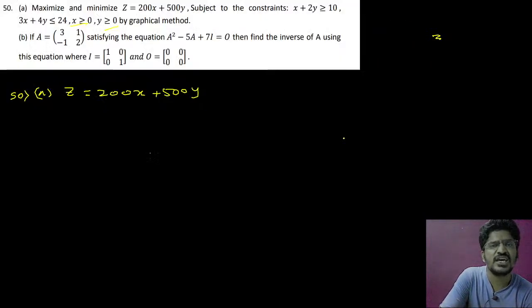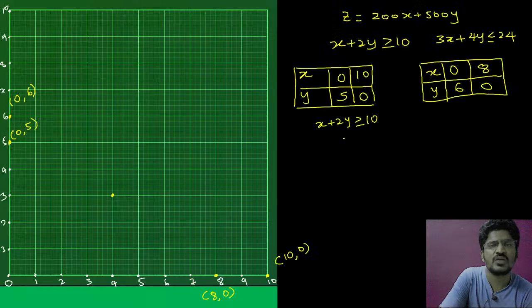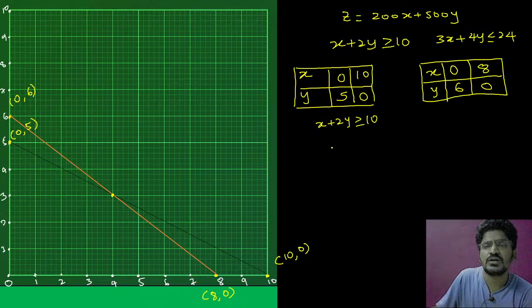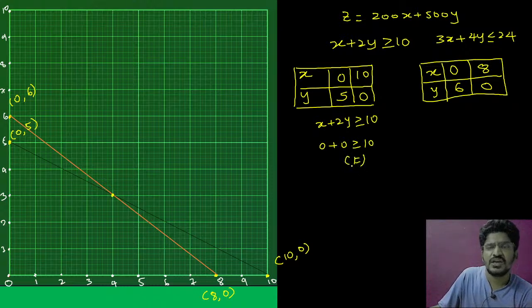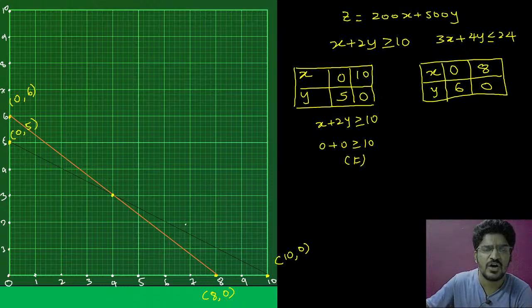If I put 0 and 0, 0 will be greater than or equal to 10. That means it is false. If it is false, you just see it goes away from the origin. So therefore, you go away from the origin like this.